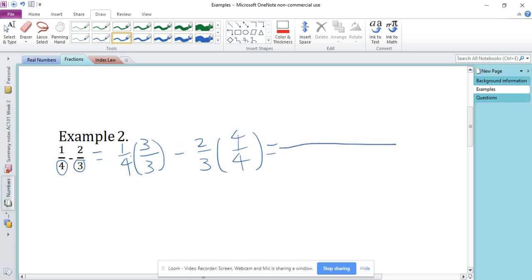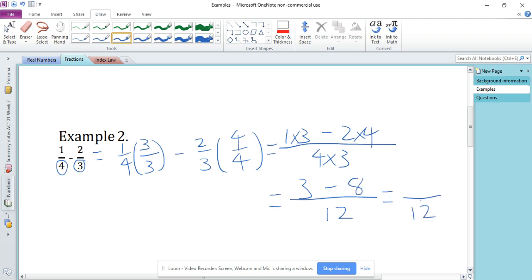So 4 times 3 here, and then the top is 1 times 3 minus 2 times 4. 4 times 3 is 12. 1 times 3 is 3. Take 2 times 4 is 8. 3 take 8 is minus 5. So that's it.